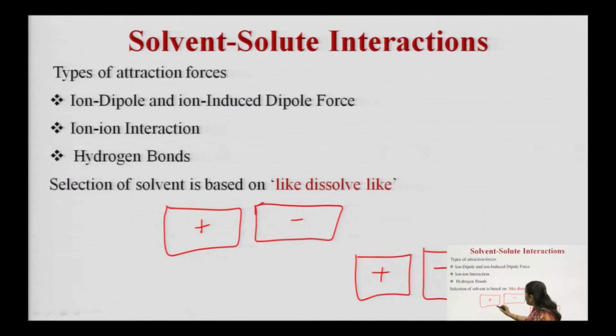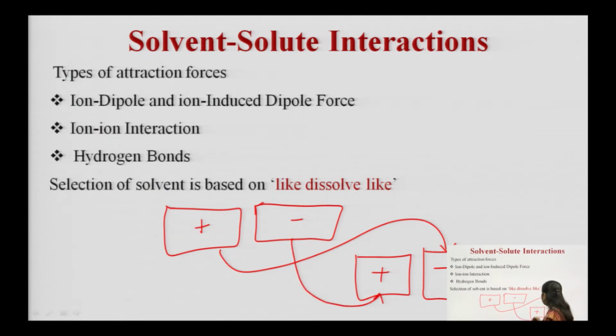Then the cation of one component attracts the anion of the other component, and the anion of the first component attracts the cation of the second component. Basically it is mainly used while determining the solubility of solid forms, while calculating pKa and pH, and when we study dissolution.